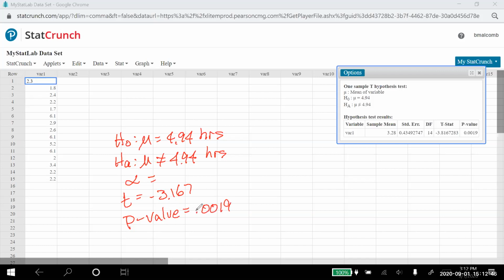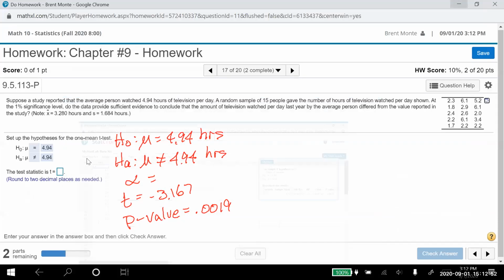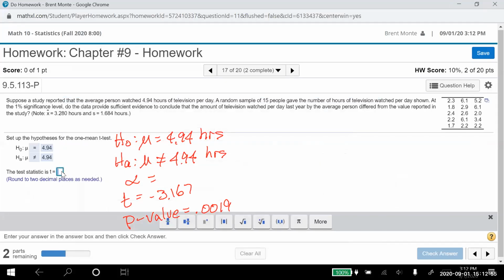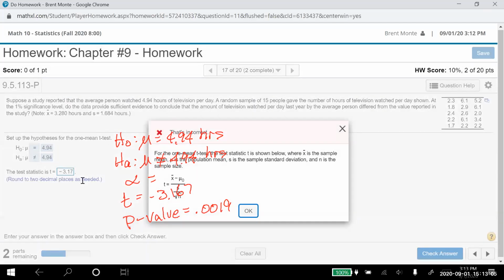All right. So let's check. So let's go over. We don't need this. We'll just lower that down. Okay. The test statistic, t is negative 3, so 2 decimal places, so negative 3.17. Not 3.17.